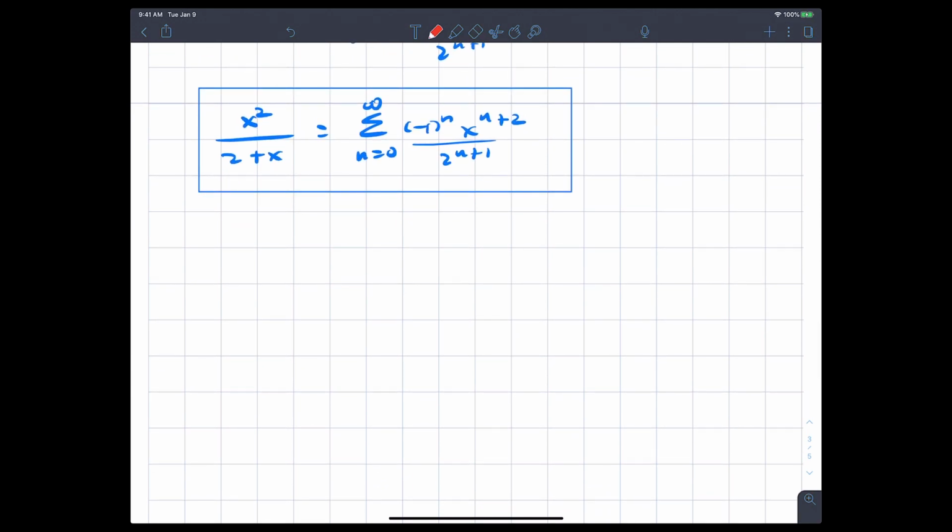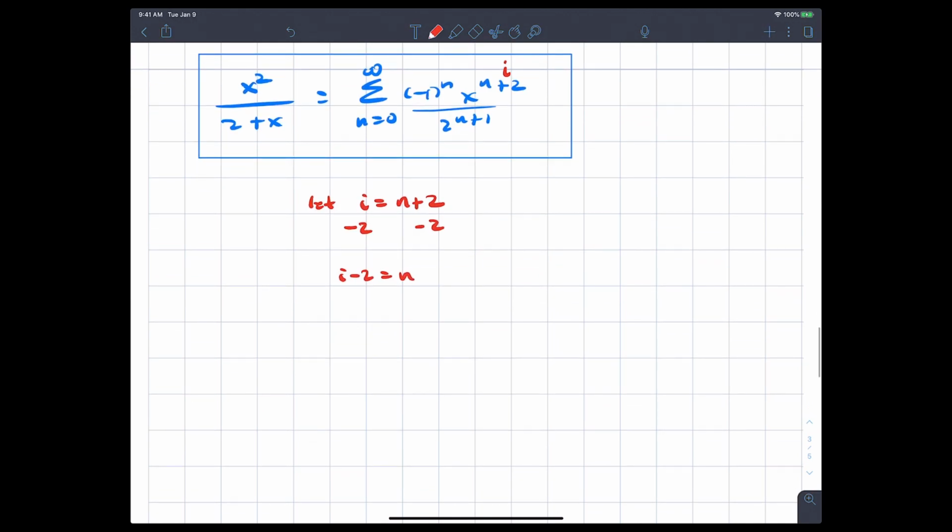So here's what I want to remark. Here's what you can do. We can say this portion up here, you're going to let i be n plus 2, right? And then if you subtract 2 from both sides, you get i minus 2 is n. So I'm going to change the index.